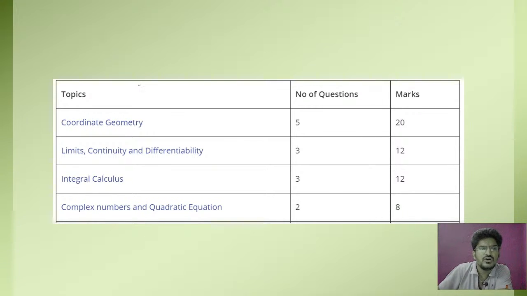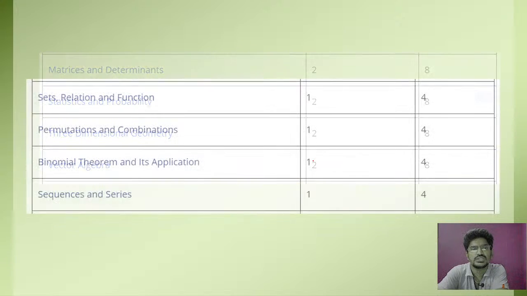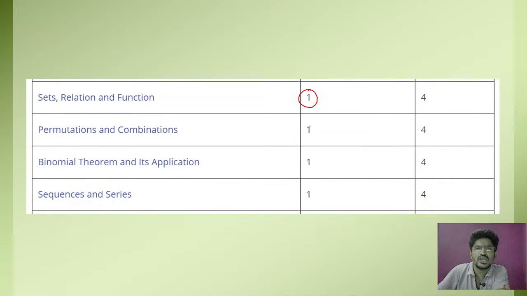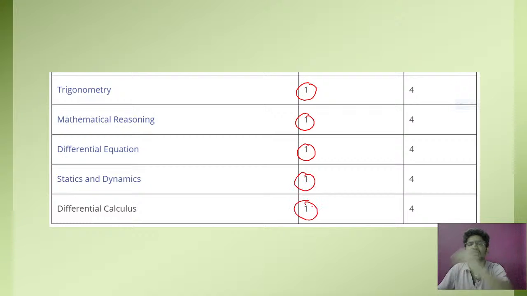See, from coordinate geometry 5 questions, limits, continuity and differentiability 3 questions, integral calculus 3 questions, complex and quadratic equation 2 questions, matrices determinants 2 questions, statistics probability 2 questions, 3-dimensional geometry 2 questions, vector algebra 2 questions, sets relation function 1, permutation combination 1, binomial theorem 1, sequence and series 1, trigonometry 1, mathematical reasoning 1, differential equation 1, statistics and dynamics 1, differential calculus 1.